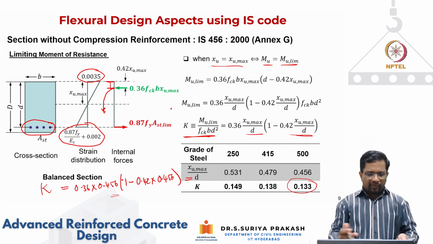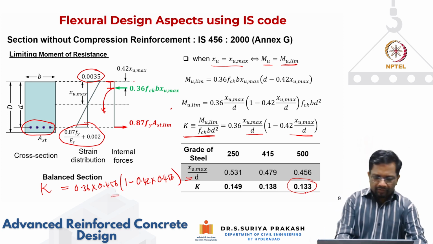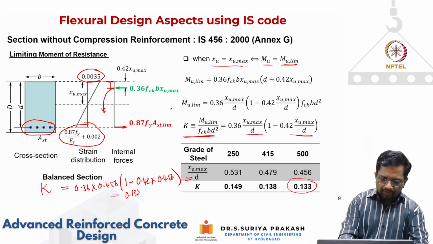We are looking at this K factor. So you get a value of 0.133. So this is going to be your 0.133.